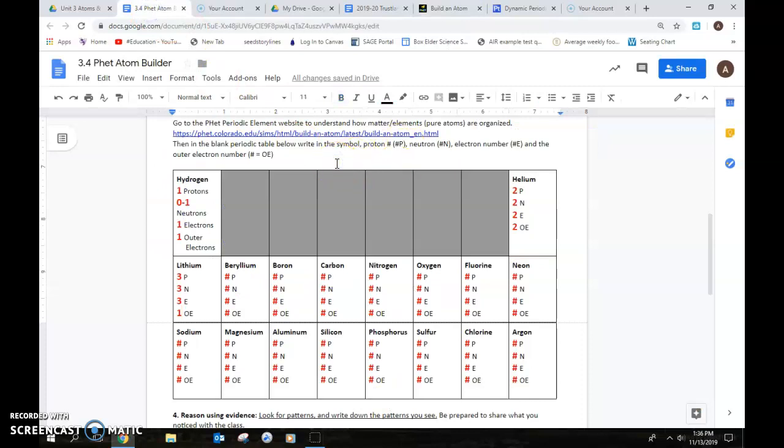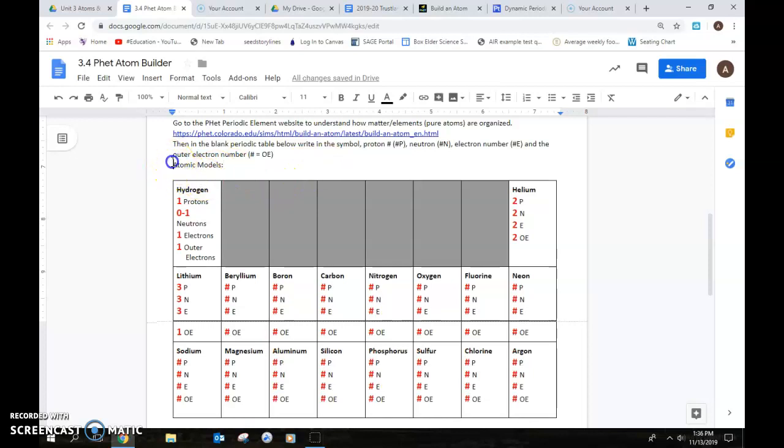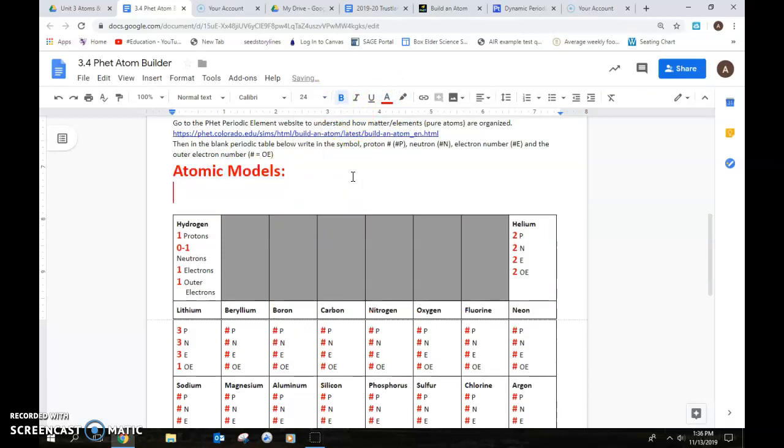So far about atomic models, we need to understand that the periodic table has a certain pattern that it's going to go through. It is going to increase by 1 proton, 1 neutron, and 1 electron going across the periodic table.